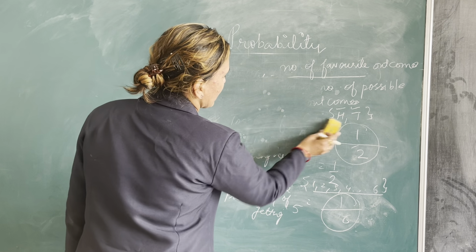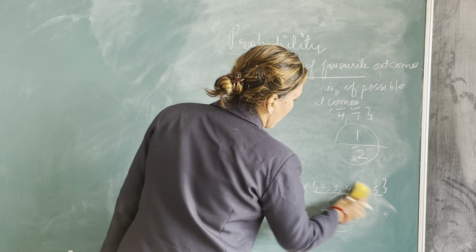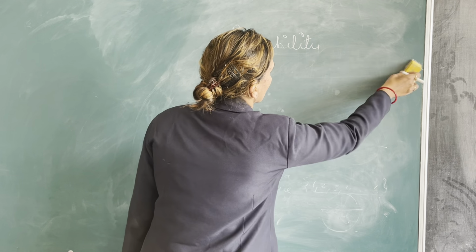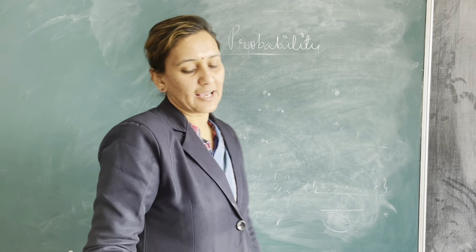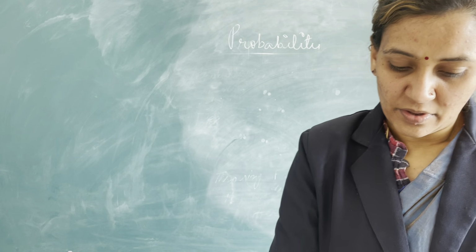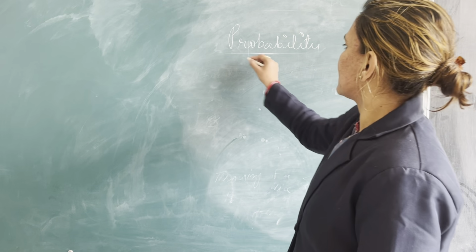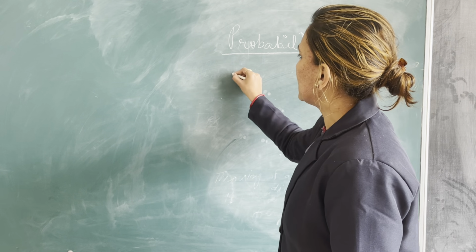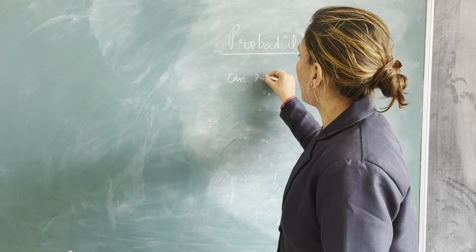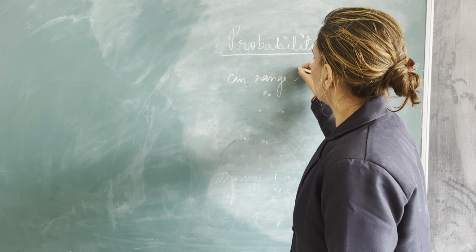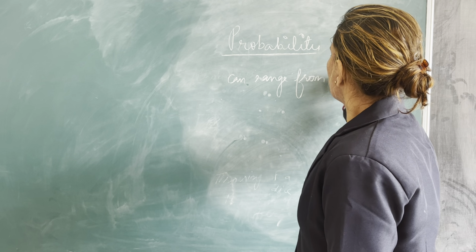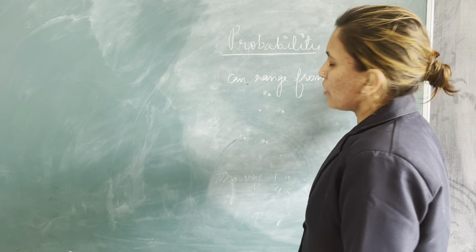So this is how we can calculate the probability of any outcome of an experiment. Now, the next important thing is that the value of probability can range only from 0 to 1. Not less than 0, not more than 1.